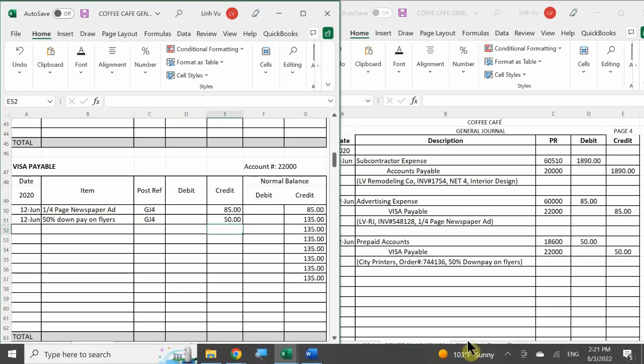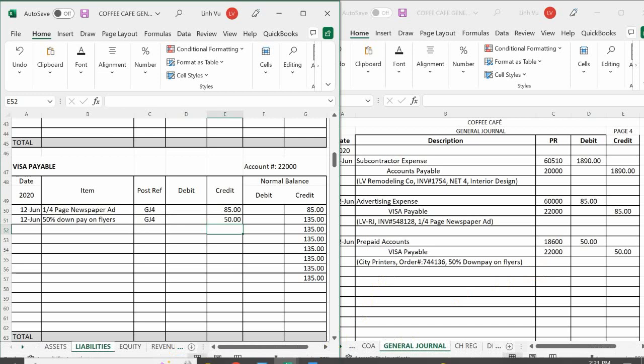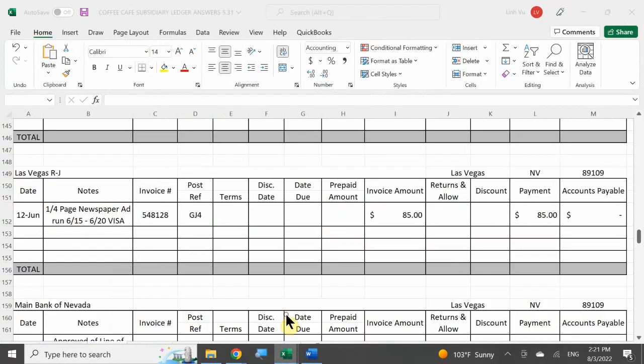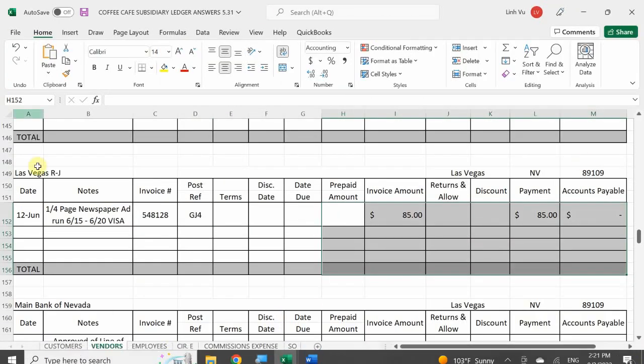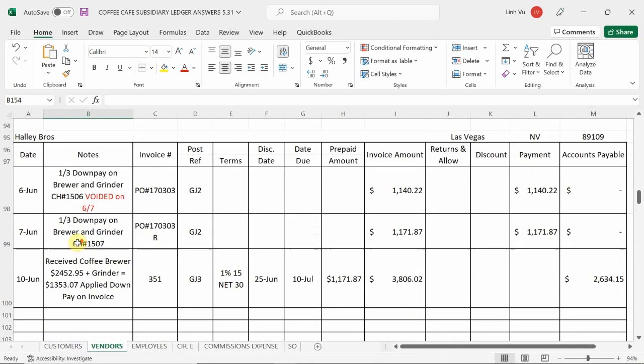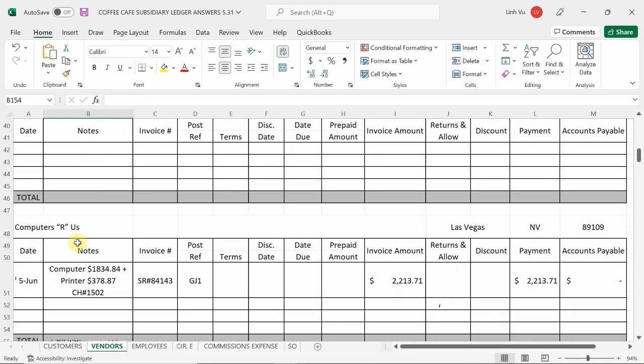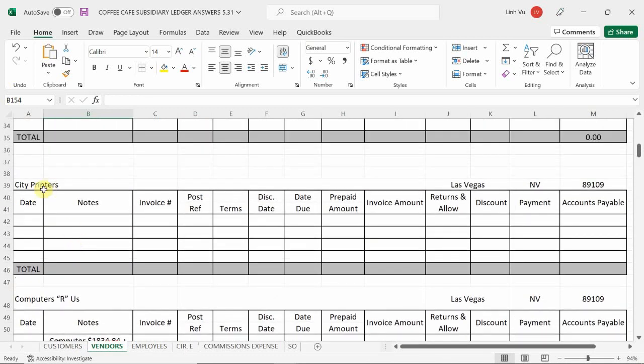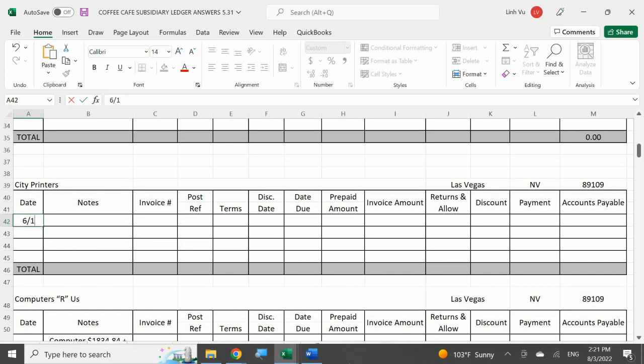And now we should definitely edit our information for our subsidiary ledger because we paid a vendor for some services. Okay? So City Printers right here ordered 2,000 flyers, 50% down payment.